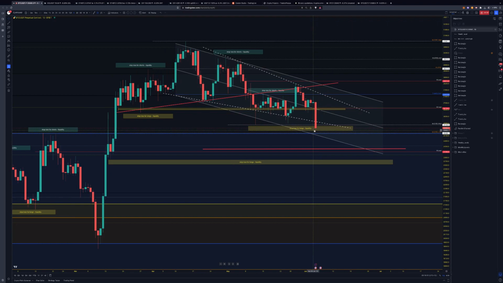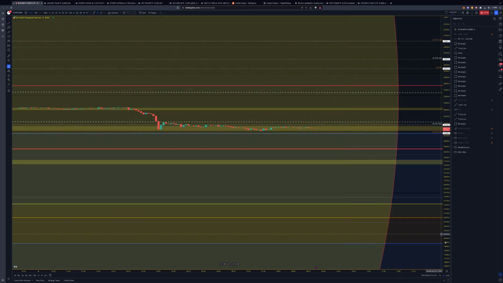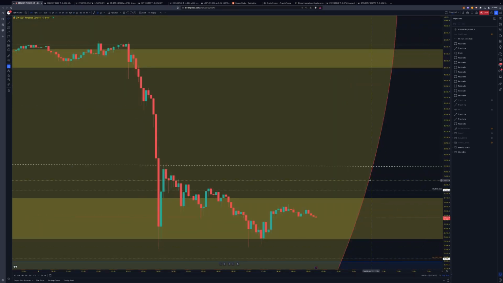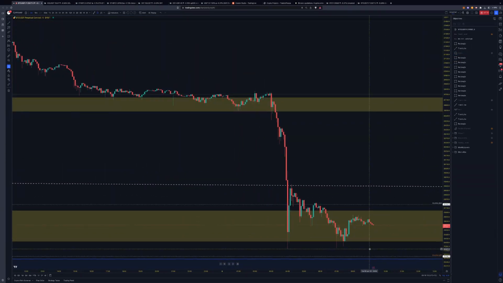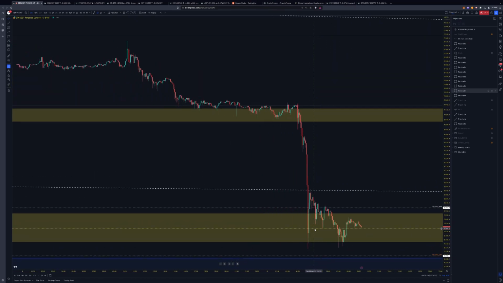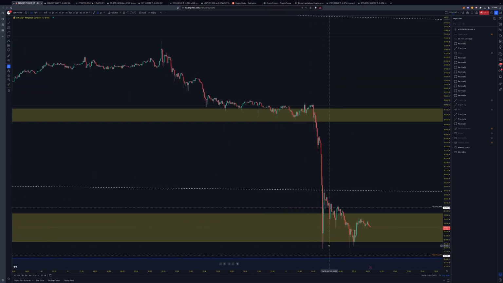Let's look at the small time frame and see if it's worth entering. So let's look at the 5 minute. That doesn't look good at the moment. So there's no real entry. These two bottoms were good entries.